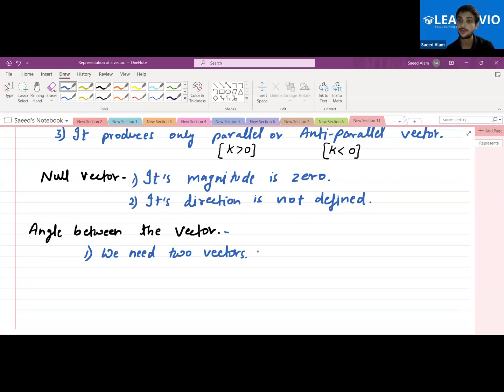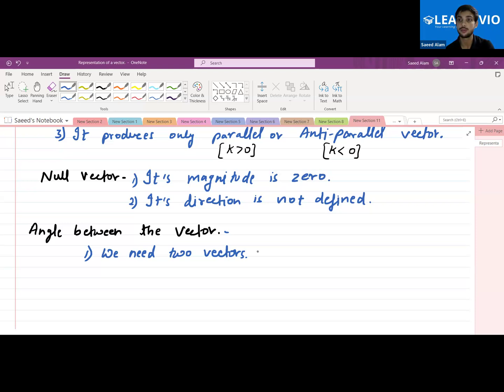If we have two vectors, some arrows are given to us. Yes or no? Yes. You are very clear that some arrows will be given to us and we need to find the angle. Tell me one thing: can we shift a vector parallelly without changing its direction?